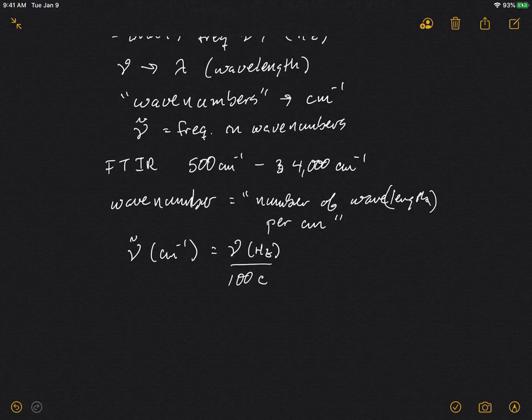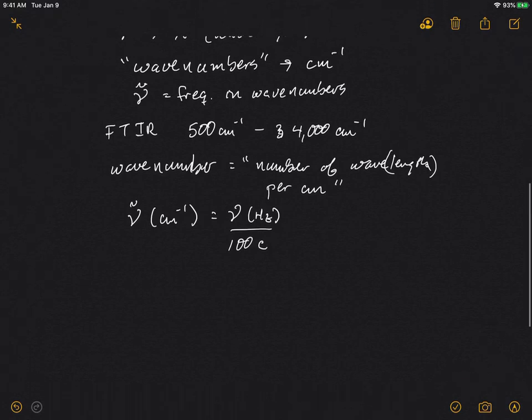So we've got centimeters in the denominator. And it's c, because we're talking about light, so that's the right speed to use when converting between a wavelength or an inverse wavelength and a frequency. That's the conversion. Okay, so now let's move on.